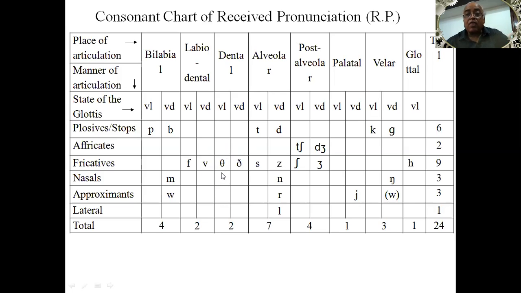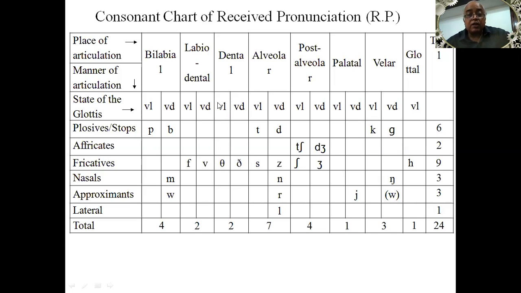Now this sound, th, th, th. Say th, the tongue comes out a little. This symbol is the Greek symbol theta; you can make it round and cut the middle. So it's theta.